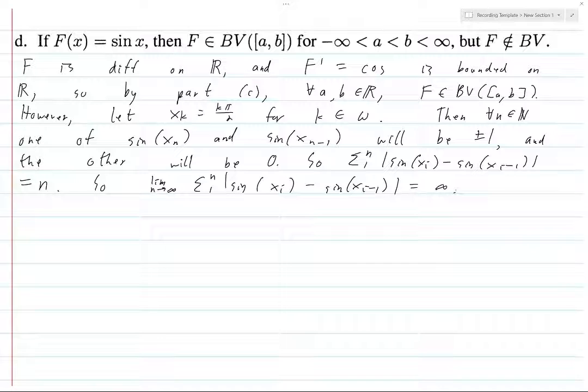And so what does that tell us? Where are x and x naught? So what does this tell us?